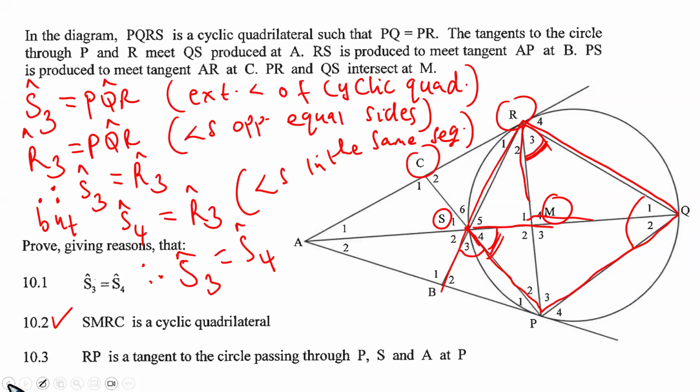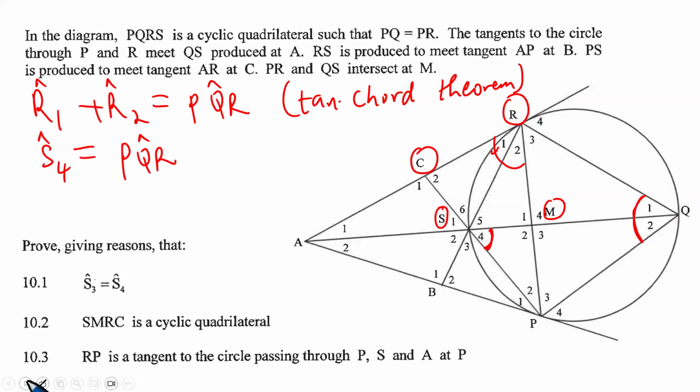Obviously, we remember that we were able to establish that at this point S3 is equal to S4, which is equal to PQR. So S3 equals S4 equals PQR. So yeah, just note these things. Okay, so what do we do?